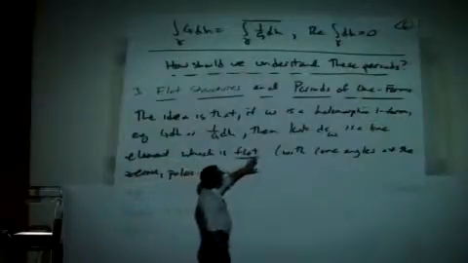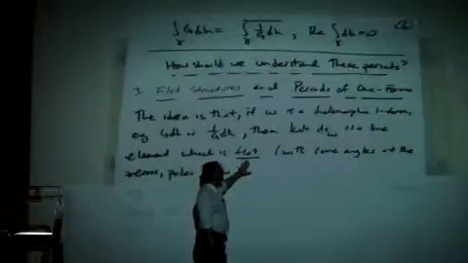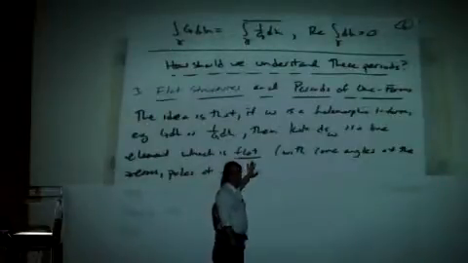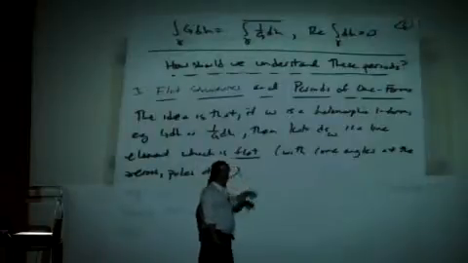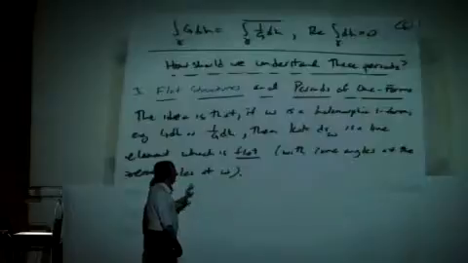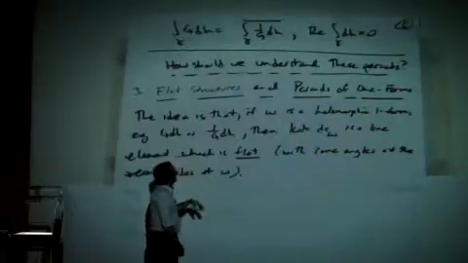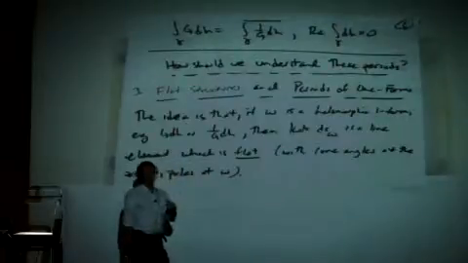And if you check, because the forms are holomorphic, that translates into the metric being flat. That's true, and it's an easy computation. Except, of course, at the zeros, there's always issues. At the zeros of the form, or the poles, the metric has cone angles.